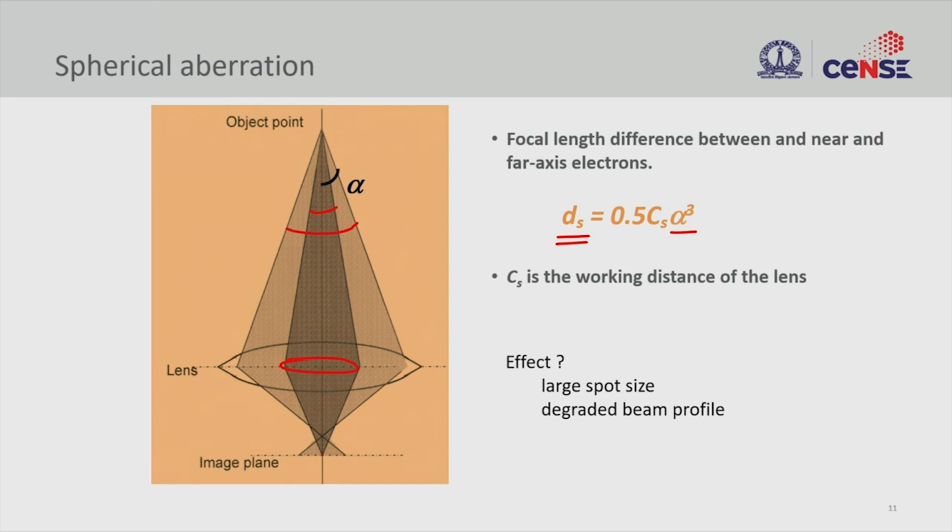If you don't take care of spherical aberration, you will have a very large spot size where you won't be able to focus it well, and then you will see a very degraded beam because the beam is not focused. It is very broad, and also your current will be low as well. So this is spherical aberration.